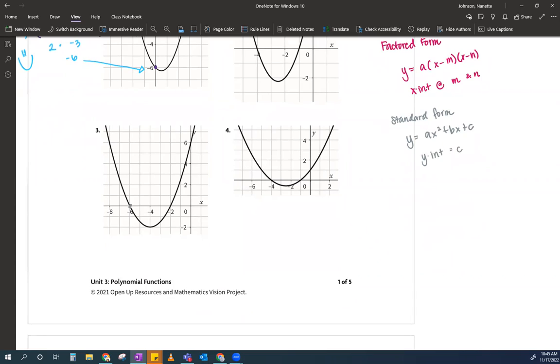It says x equals -6 and x equals -2. One of the things you may remember from Integrated 2 or last year is that if x equals -6 and x equals -2 are your solutions, your x-intercepts, your roots, those things, right?